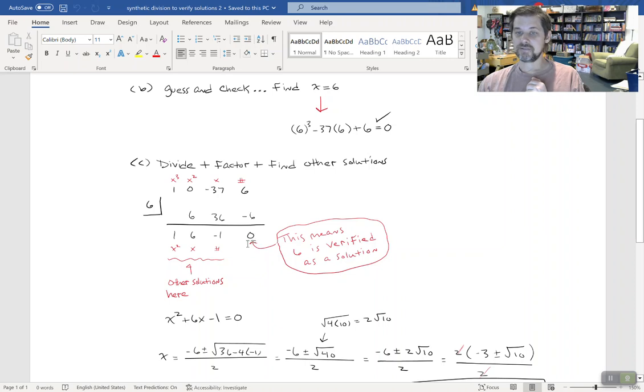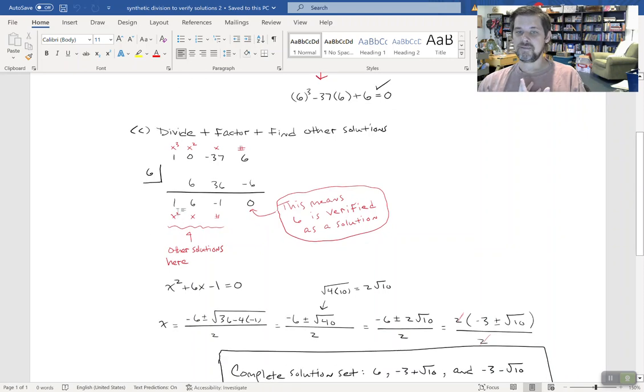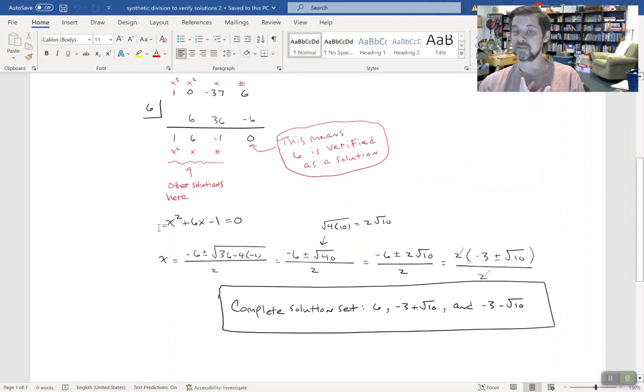Me getting a 0 here verifies that 6 in fact was a solution. Then among this part right here, I find my other solutions. This represents 1x squared plus 6x minus 1, which is the kind of thing we solve by the quadratic formula, and we get all 3 of our solutions.